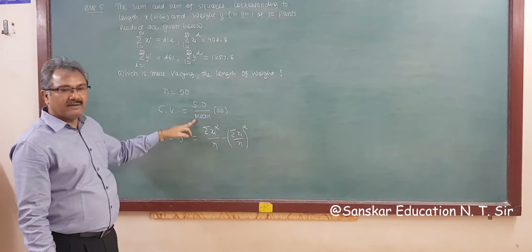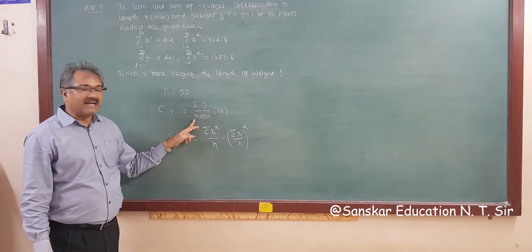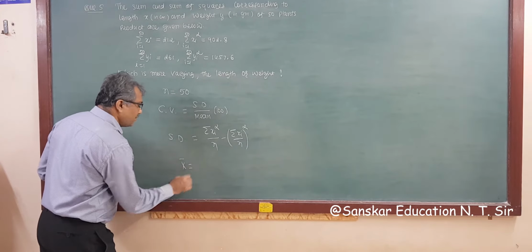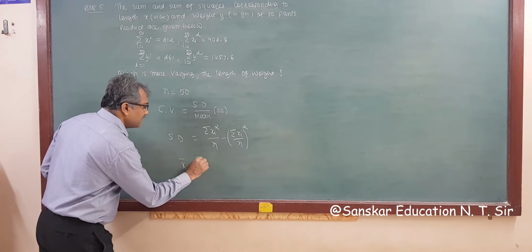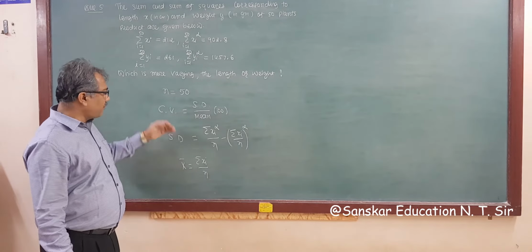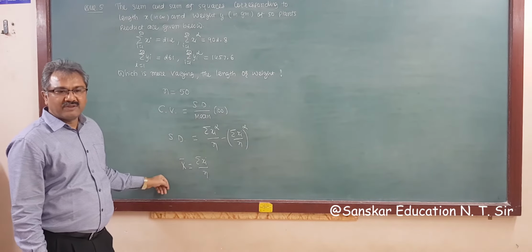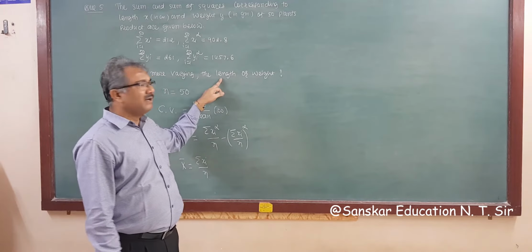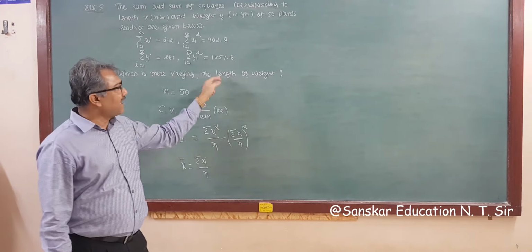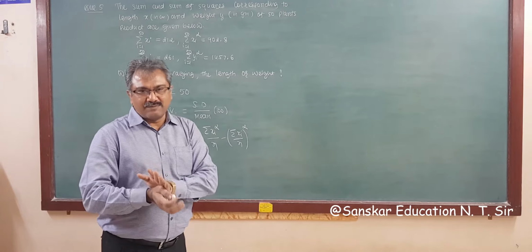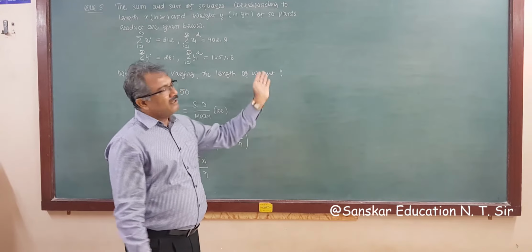And for mean, sigma xi upon n is the mean, so we have to apply this formula for mean also. So mean x bar is equal to sigma xi upon n. So these three formulas we are going to apply. We are given length and weight, so we have to find CV for length first and then CV for weight. As earlier, we are solving this in tabular form.